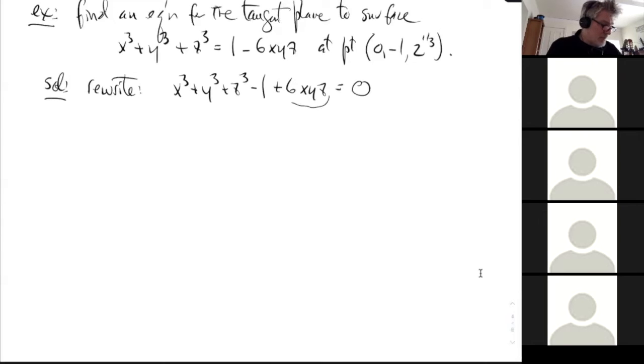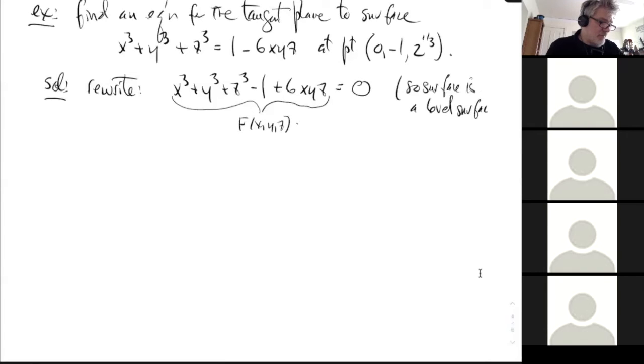So this is the function big F. The surface is a level surface of big F.